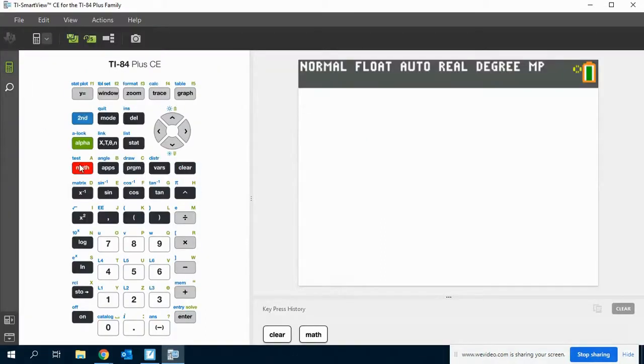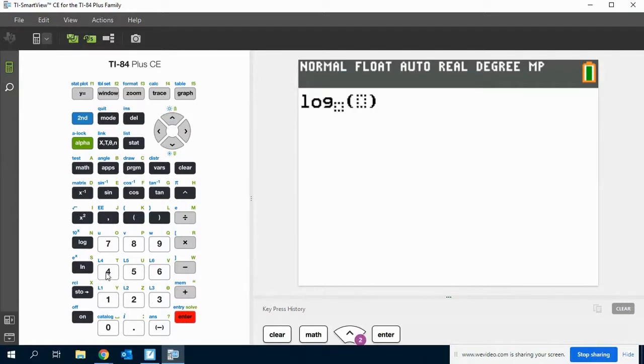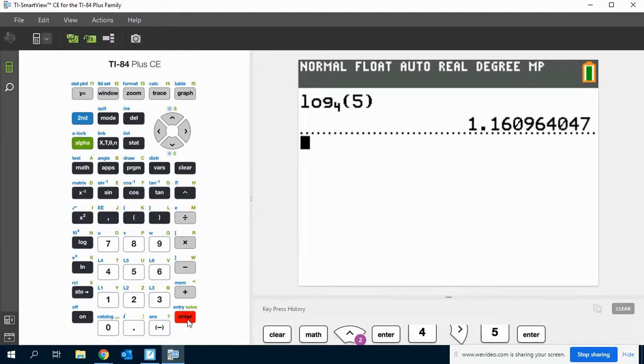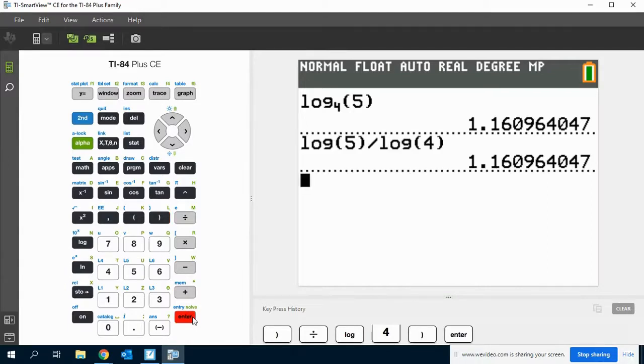Let's take a look at log base 4 of 5. So I'm going to go to log base 4 of 5, and that gets me 1.16096 or something like that. Just a reminder, if you don't have this on your calculator, you can do log of the big number divided by log of the base, and you will end up getting the correct answer, so you don't have to worry about that.